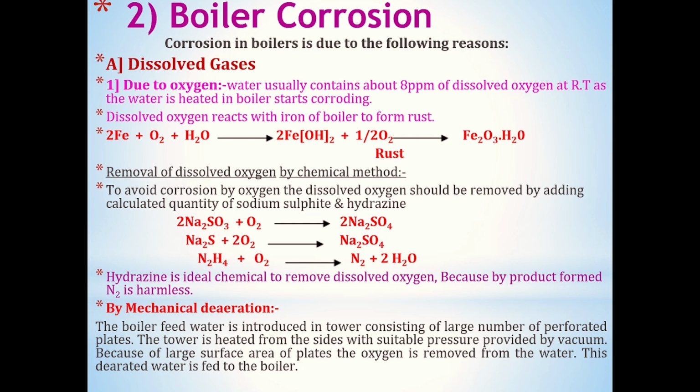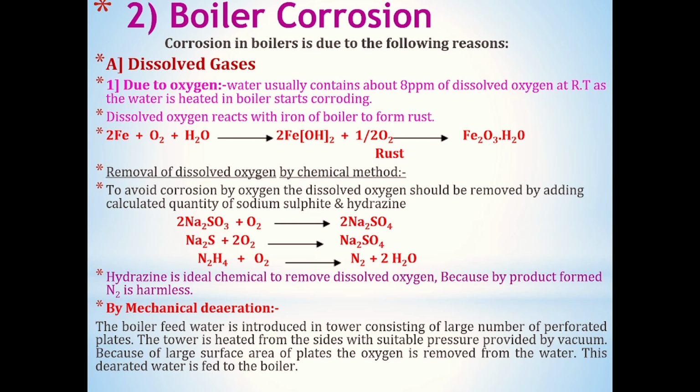Another method to remove the dissolved gases from the water is mechanical deaeration. So how can we remove the gases from the water? The boiler feed water is introduced in a tower consisting of a large number of perforated plates.